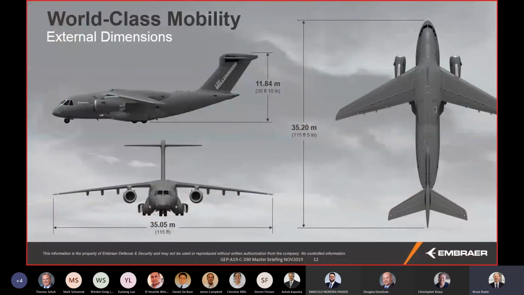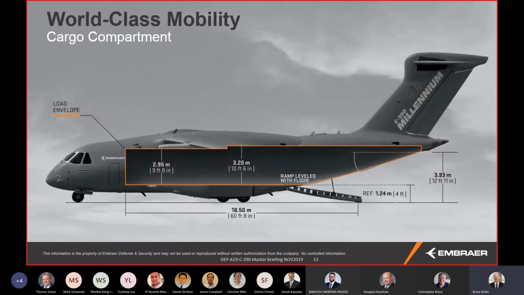Just to give you a look at what the airplane looks like dimension-wise, you can see it here. I would tell you that from a planform standpoint, it's very close to a C-130 in terms of span and length and height. Here's a cross section of the cargo compartment.